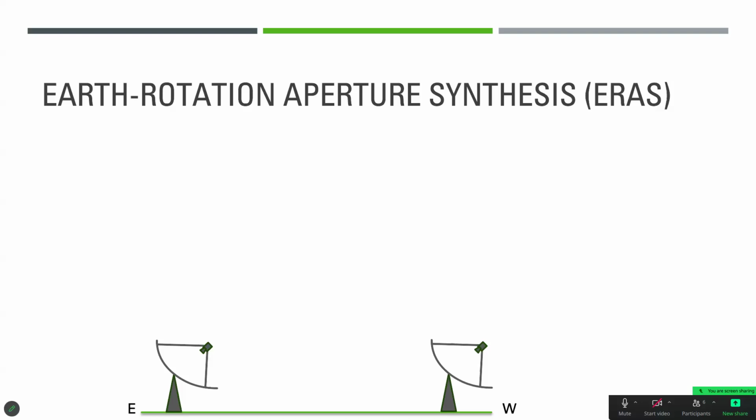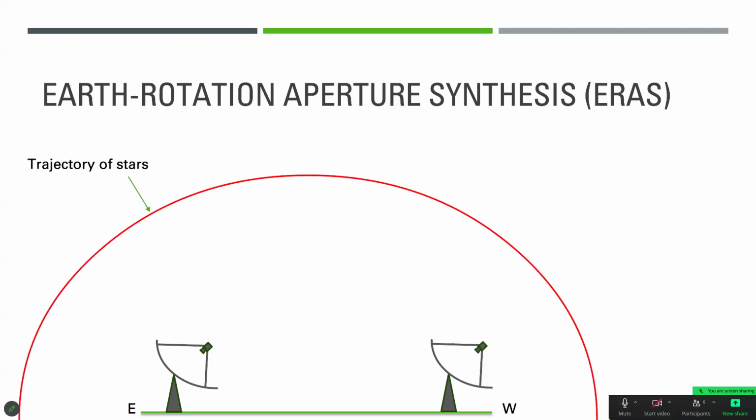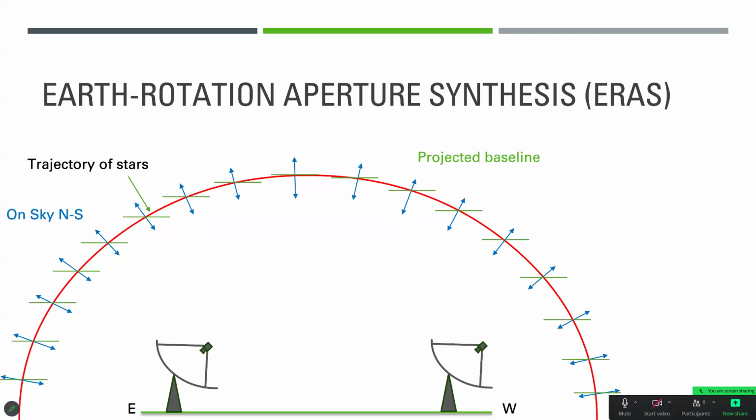So there's a trick. We can use the fact that the stars rise in the east and set in the west. So what that means is that the orientation of the sky above us will slowly change. So this is the sky north and south, right? This is the projected baseline on the sky.